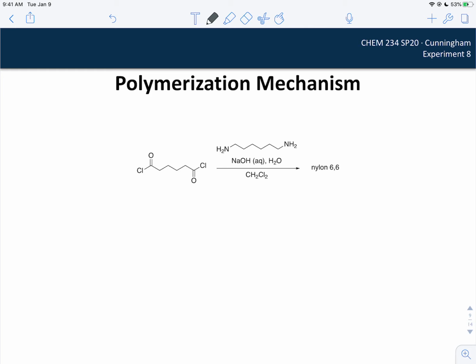So next we are going to look at our polymerization mechanism, and we're going to look at this just in one part. So we're not going to draw the huge polymer of nylon 6,6, but we're just going to look at what happens when we take these two reagents and mix them together. And so we'll start out by redrawing our adipoyl chloride.